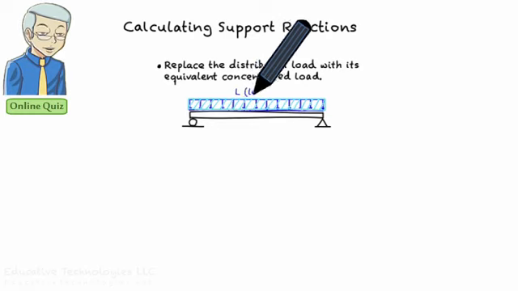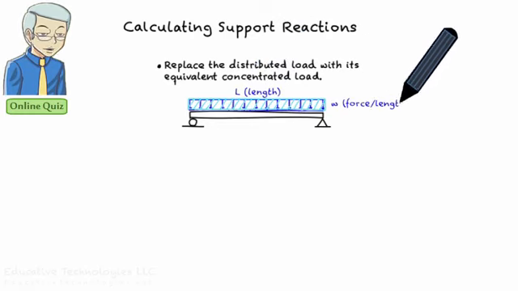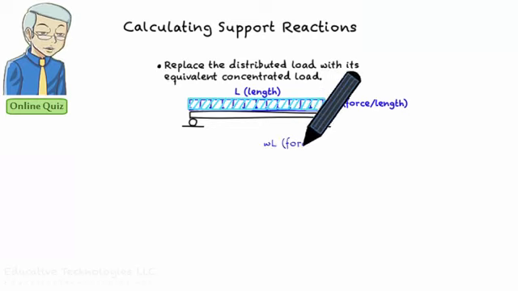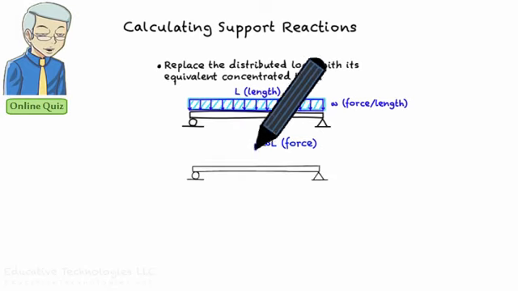Here the base of the rectangle is the length of the beam and the height of the rectangle represents the load magnitude. Since the load magnitude is given as force applied per unit length, then the area of the rectangle, base times height, gives the total load applied to the beam as if the distributed load is condensed into a single point load. The value of the total load is indeed the magnitude of the equivalent concentrated load.